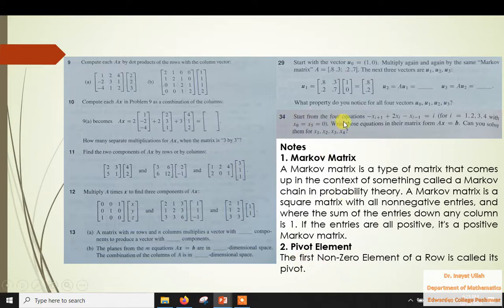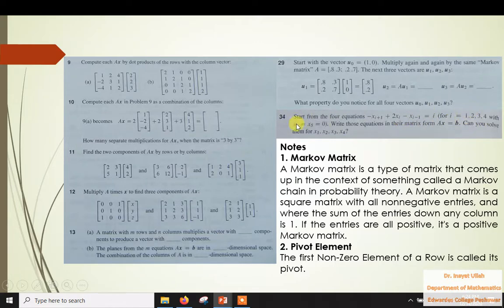Question number 34. Start from the four equations. If you put i equal to 1 here, you will get one equation. Then put i equal to 2 here to get the second equation. Then put i equal to 3 here to get the third equation, and then the fourth equation.